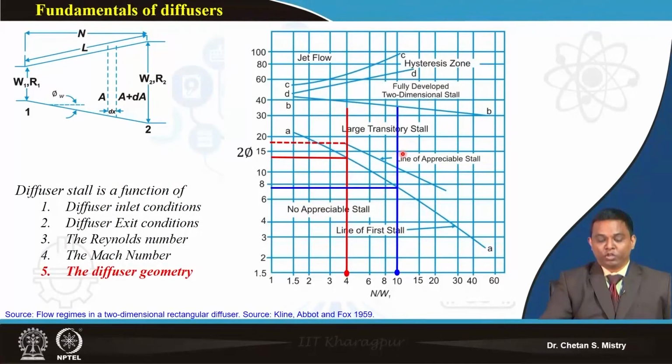Here it says you need to go with an angle of, say, 7 degrees or 7.5 degrees. If I increase my angle beyond that, it gives me all kinds of flow configurations. Okay, so this is one of the fundamentals required for the design of my diffusing passage. Let's try to understand the application of that.